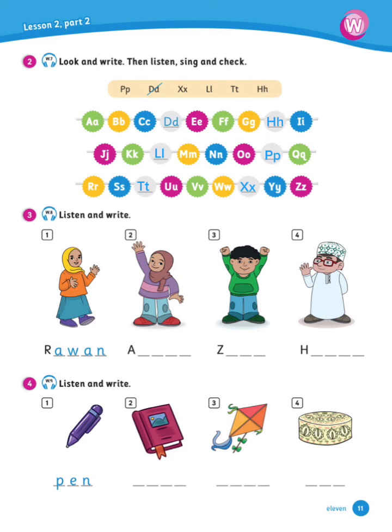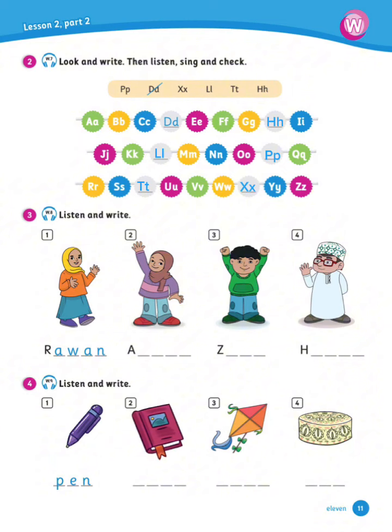Number 3. Hello, what's your name? My name is Zaid. How do you spell Zaid? Z-A-I-D. Z-A-I-D. That's right. Number 4. Hello, what's your name? My name is Hazem. How do you spell Hazem? H-A-Z-I-M. H-A-Z-I-M.